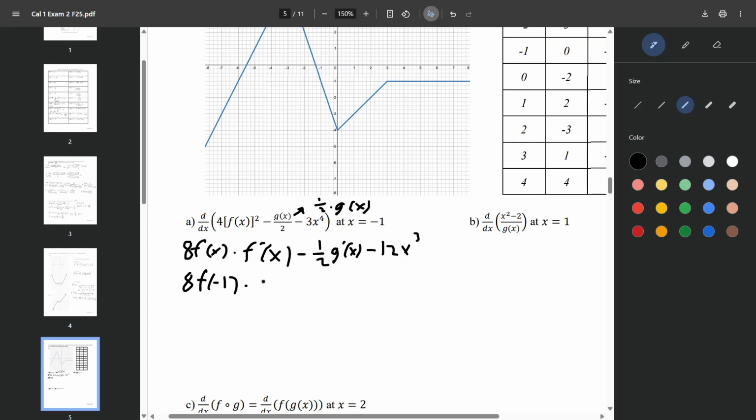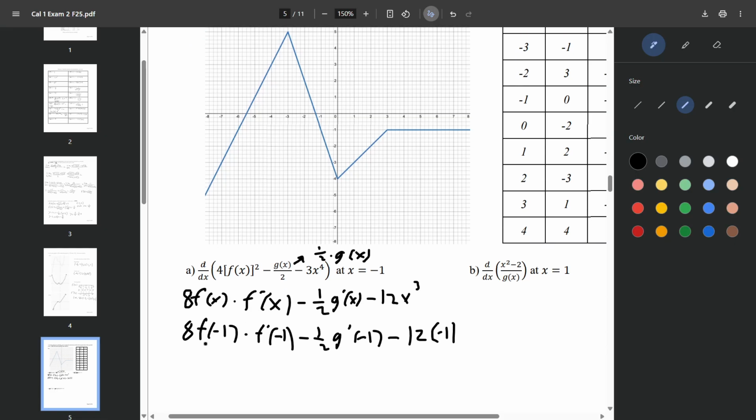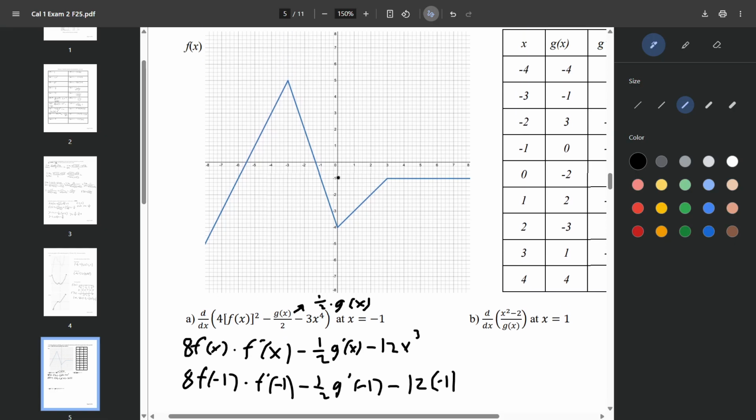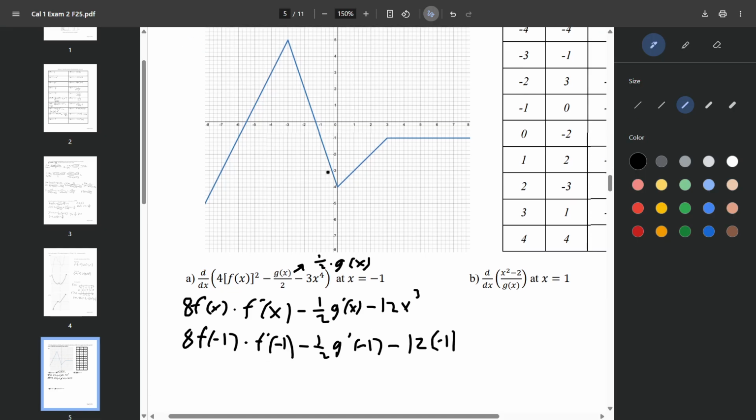We'll rewrite this equation just to remember that we're looking for -1. At -1, f of x is -1.